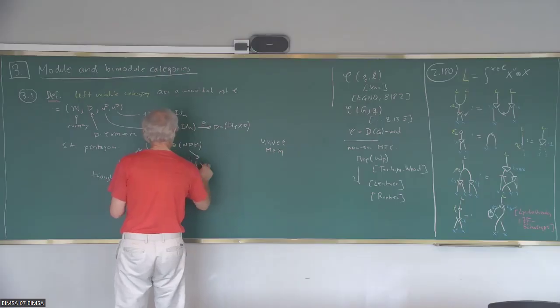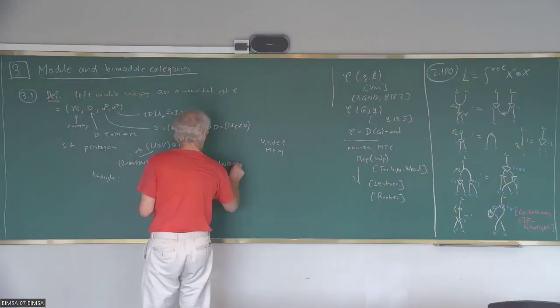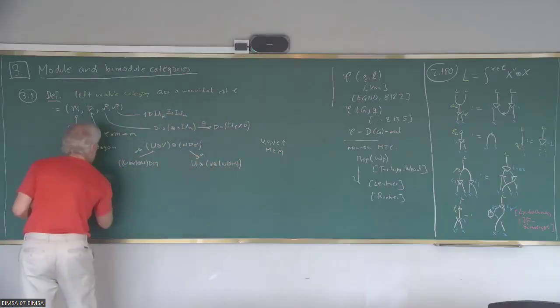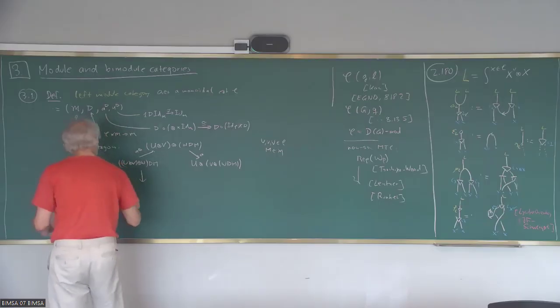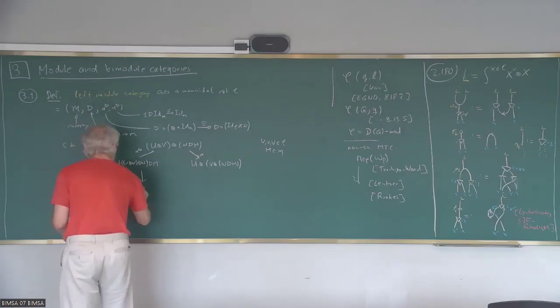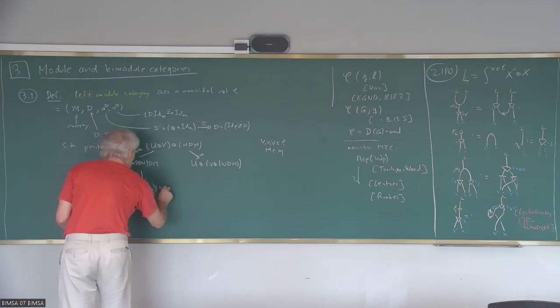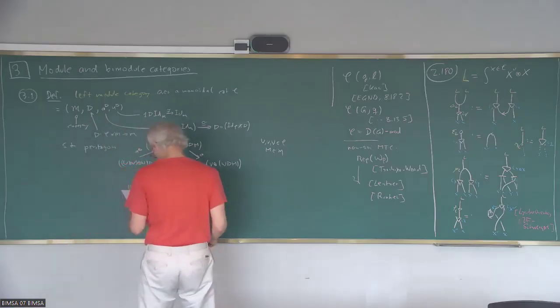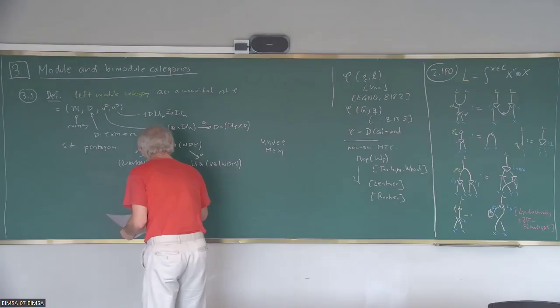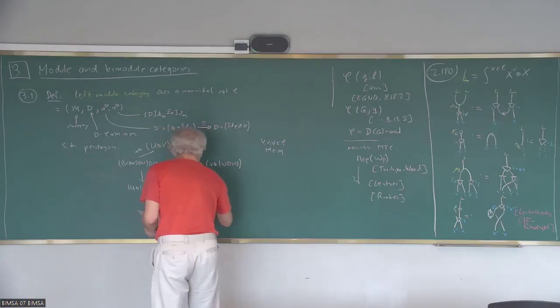Here I can go to the next object via the associator of C. So here I take the associator inside the bracket, acting on M. I don't write the label. And here I have again the module constraint to go to U tensor V tensor W acting on M.